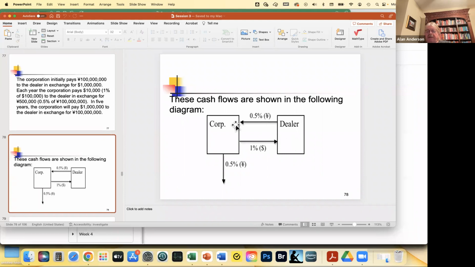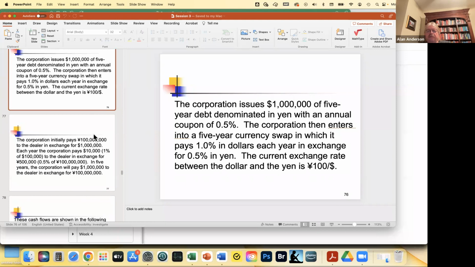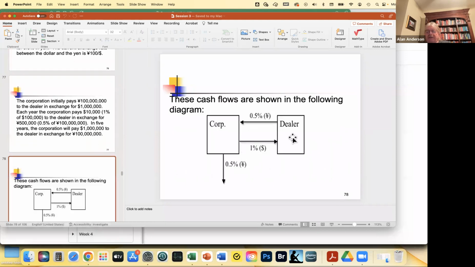They're getting back 0.5%. Now, they've set it up very wisely because, as you can see, they borrowed at 0.5% in yen. So what they were hoping to do is collect that 0.5% from the dealer and then pay some US rate to the dealer in dollars. And that's what they've done. Now, remember, what this means is their net borrowing cost is 1% in dollars.